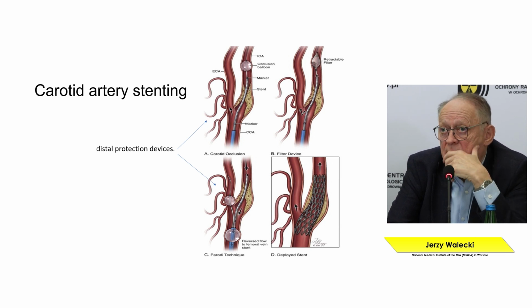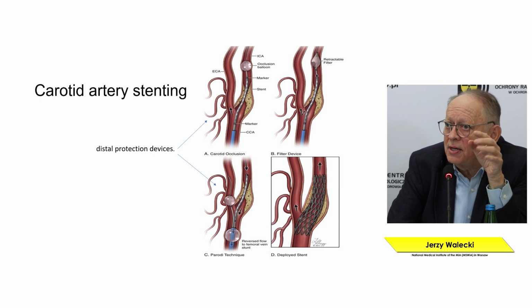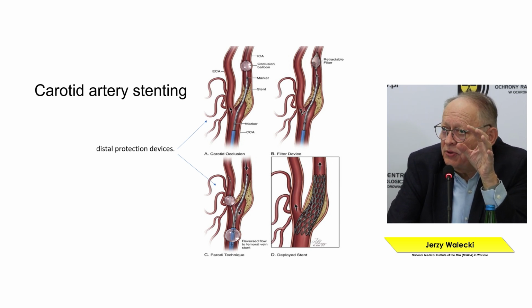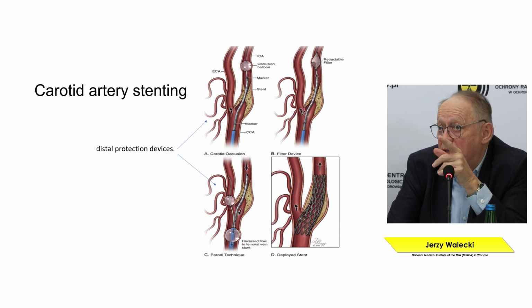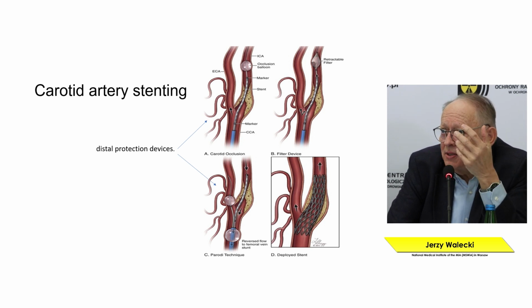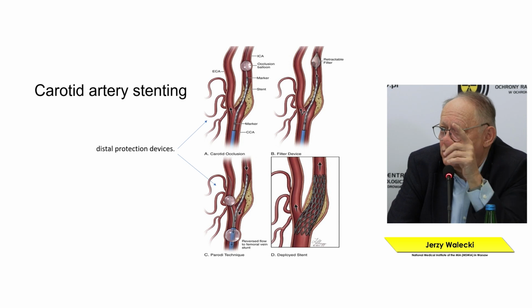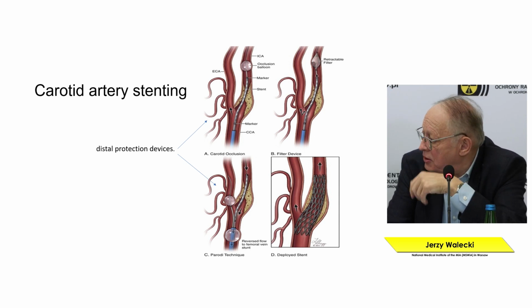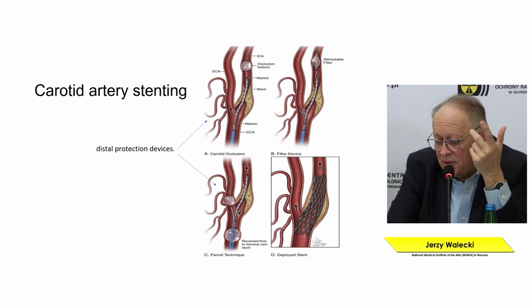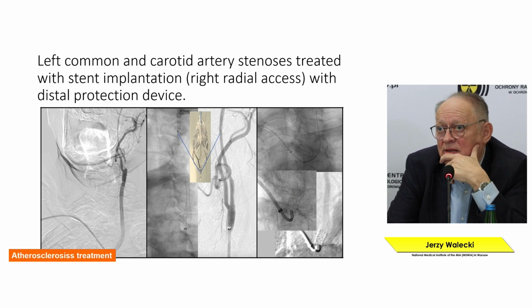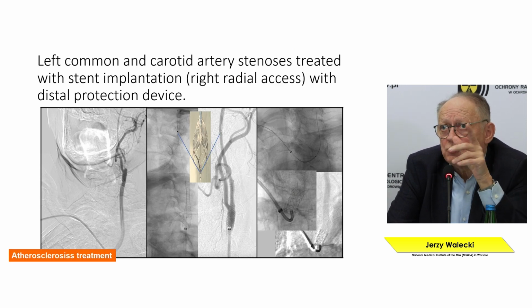And above you can see these protective devices. Well, I'm showing that to you just to show you that it's all part of angiography. It's not that we apply a catheter and that's all. It's a very complex and justified procedure which prevents these clogs from getting to the brain.